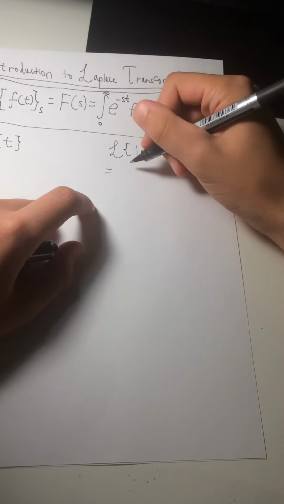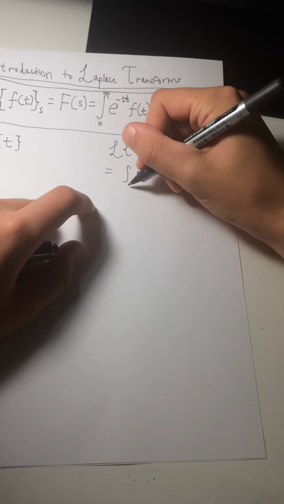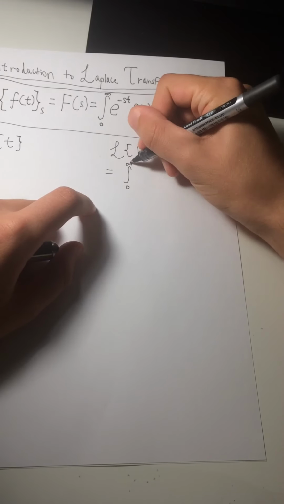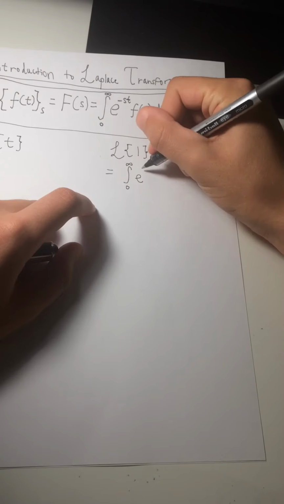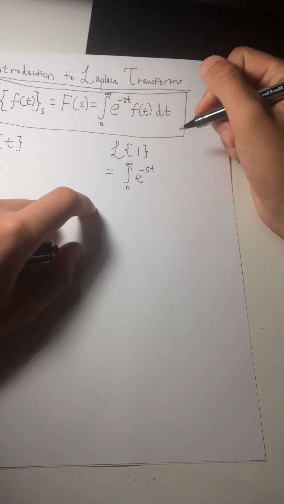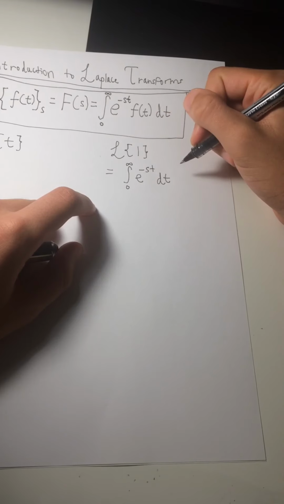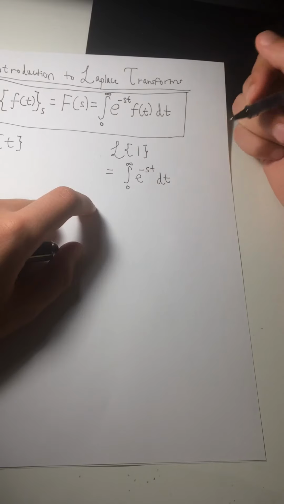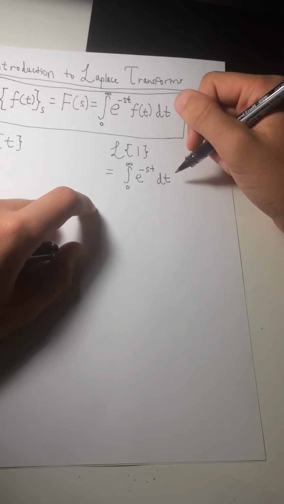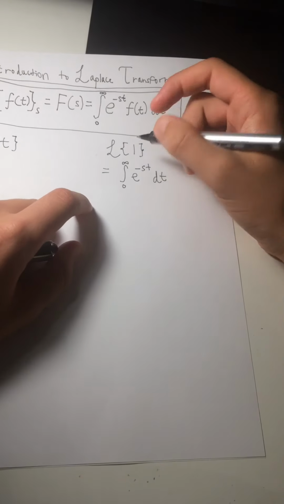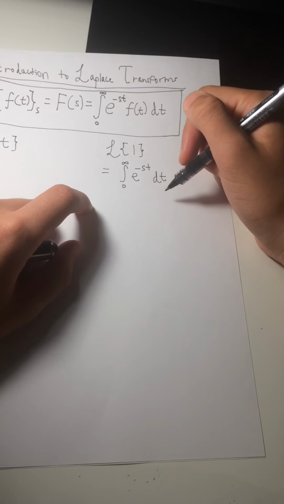Okay, so then you have the integral from 0 to infinity of e to the power of minus st dt. Yeah, some people forget the constants in the end of the integration process, but I also forget the dt sometimes, which is a bit annoying. Anyway, okay.